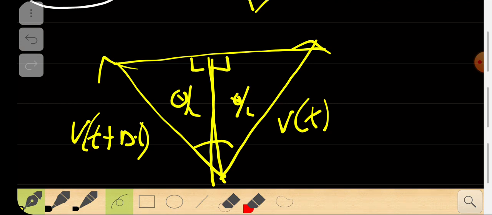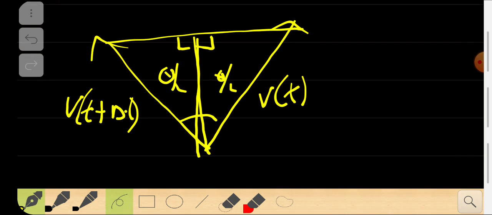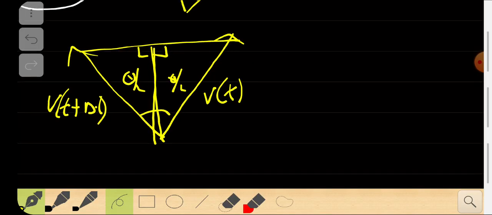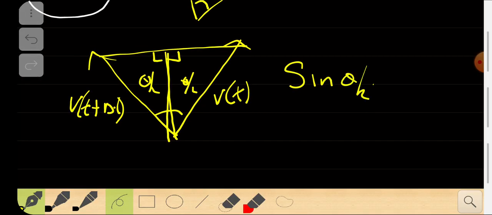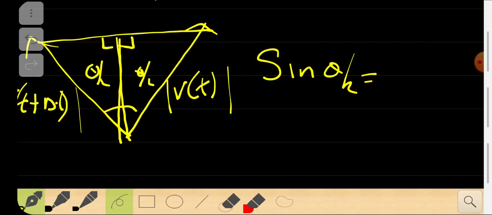In order to do that, I can write down sine of theta by 2, which will be equal to the opposite side over the hypotenuse.